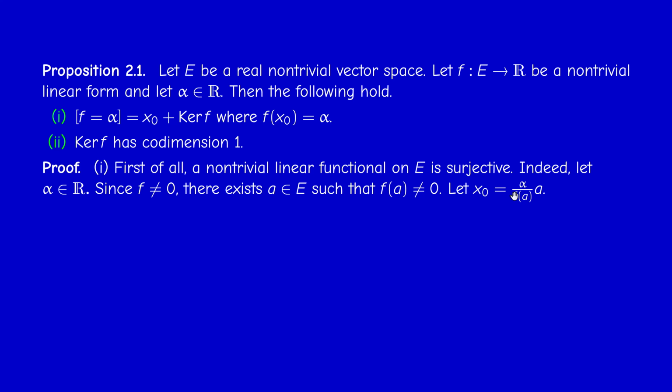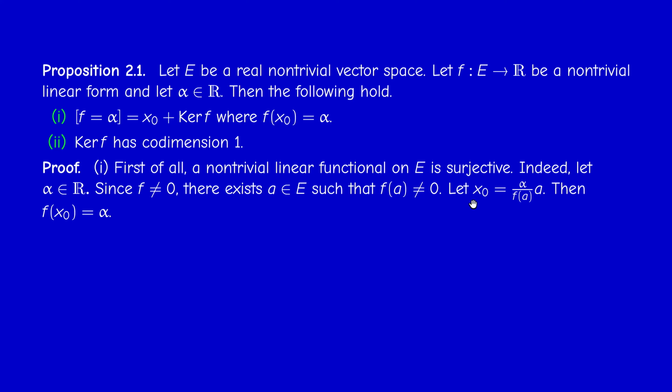So alpha over f of a is a constant, a real number, multiplied by the vector a, which is a vector in the vector space. So x0 is a multiple of a; if you like, x0 lies in the subspace generated by a, which is one-dimensional.